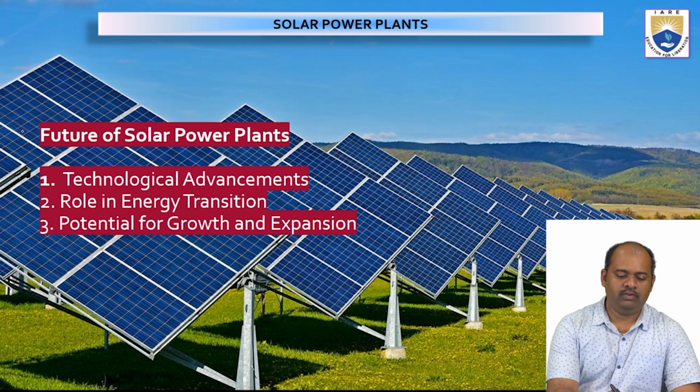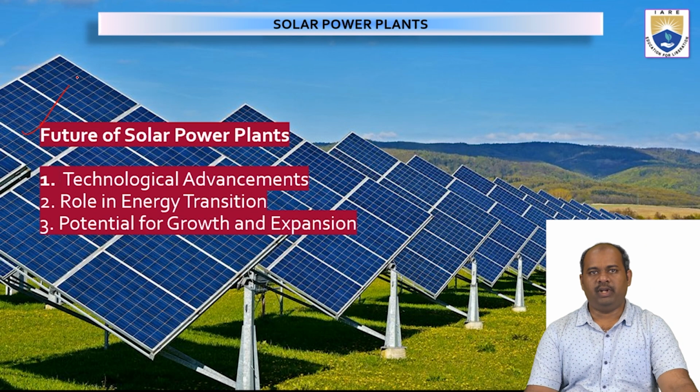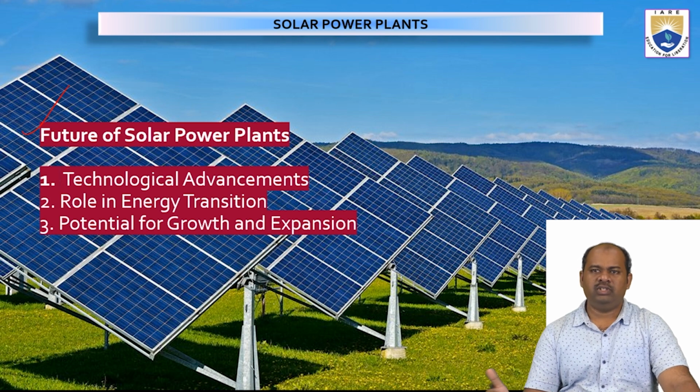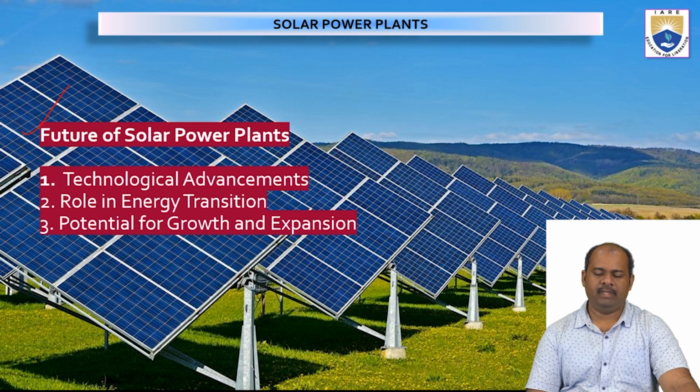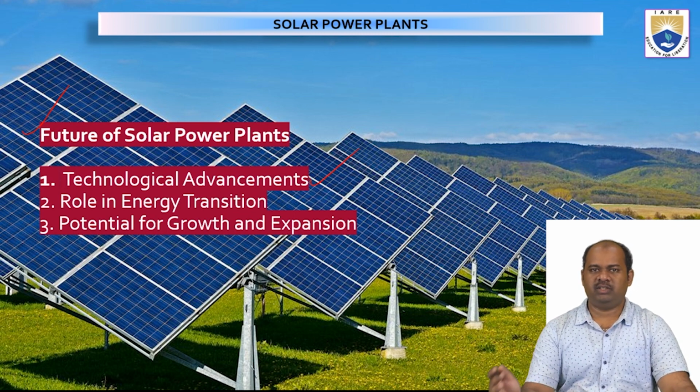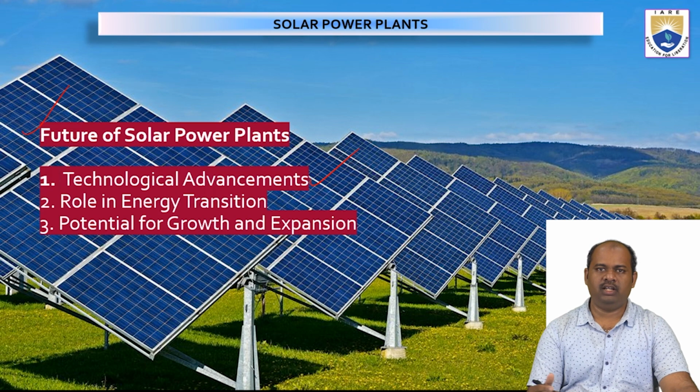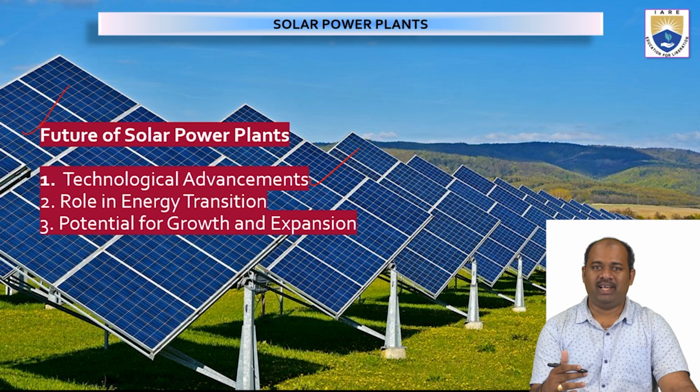So we'll see what the future of a solar power plant is, where we can use this solar energy or solar power plants in future. The first thing is technological advancement, like space exploration. If we want to build a large laboratory on the surface of planet Mars, we have to use this solar energy.